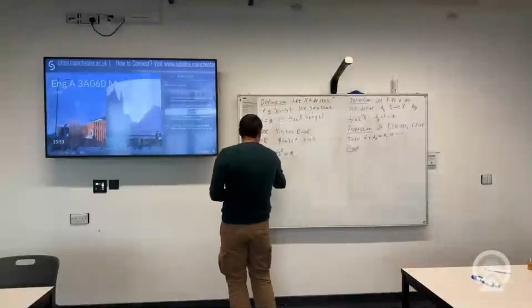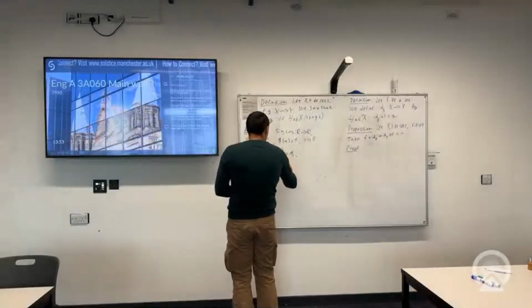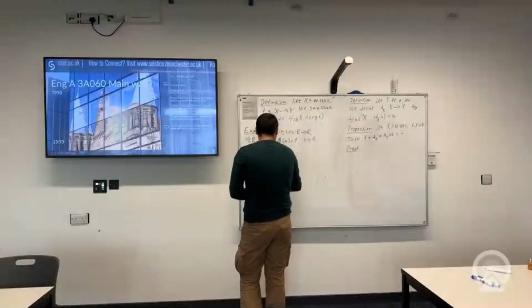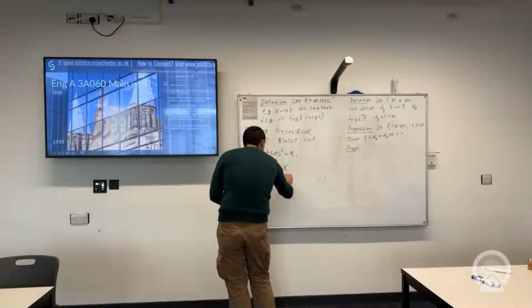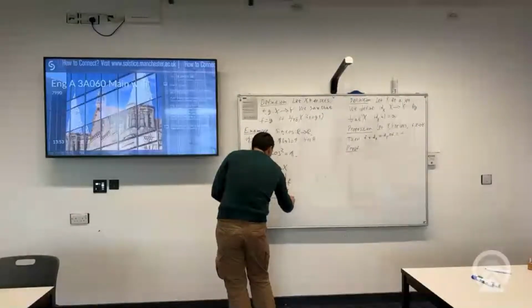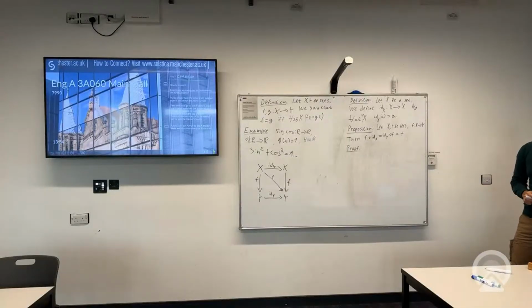So we have X, identity of X, it's X, we have Y here, this is F, and this is F as well. Let's prove that.